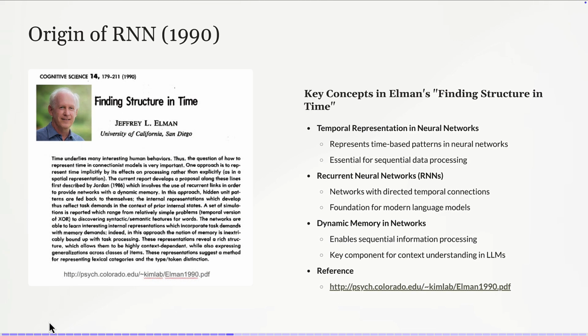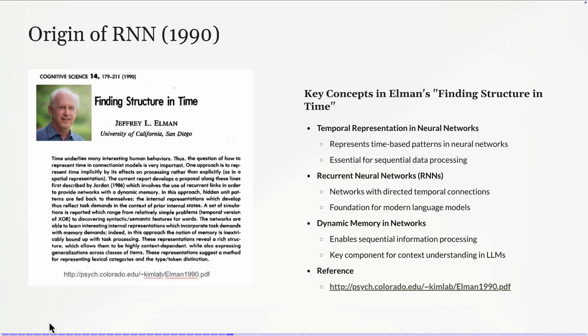But first of all, the concept of RNN and language modeling. I found this paper from 1990. It presents almost most of the concepts that you can see nowadays in language models. This paper is "Finding Structure in Time", so it's dealing with sequences. This paper talked about temporal representation in neural networks, to represent time-based patterns, which is essential for sequential data processing.